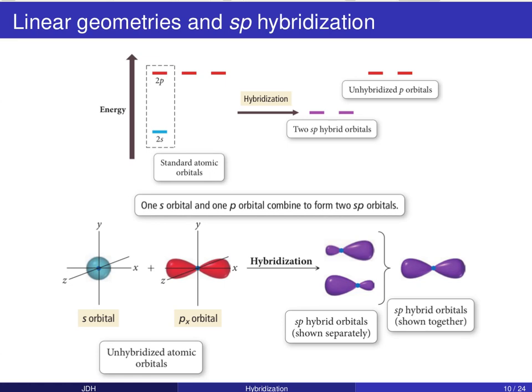And so I've illustrated both of these core results for sp hybridization on this summary slide here. If you are carrying out an sp hybridization, you're mixing together one p orbital and one s orbital to get two equivalent sp hybrid orbitals. And as a result, we haven't touched these other two p orbitals. Those remain unhybridized. From an energy standpoint, we now have two sp orbitals that have an energy somewhere in between the original s and p.